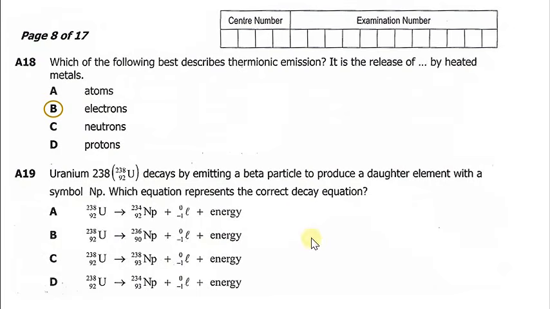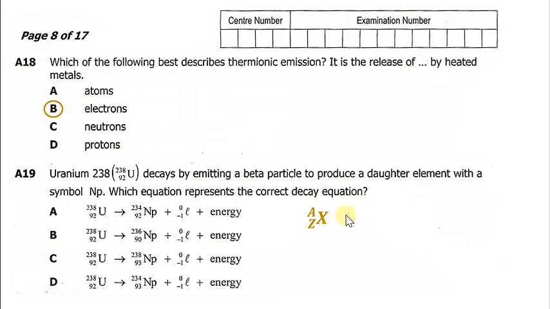So it just emits a fast moving electron, meaning that when this one emits a beta particle, which is an electron, the electron has a charge of -1 down there, and it has 0 mass. So a decay equation becomes like this. This is the general equation I'm giving you here.